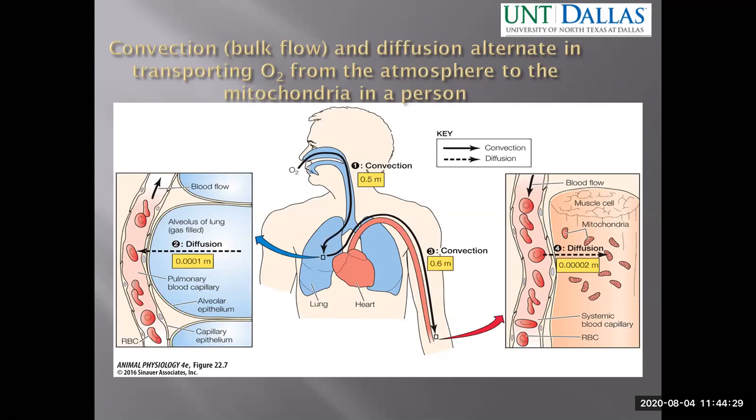The mitochondria are actually much smaller relative to the muscle cell that has been shown. So in the case of humans, this explains how both convection and diffusion transport take place, so there is alternating convection and diffusion.